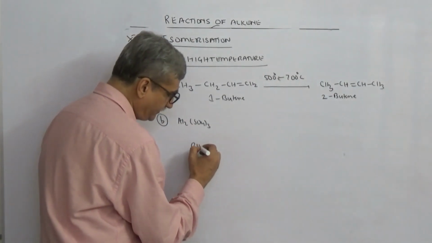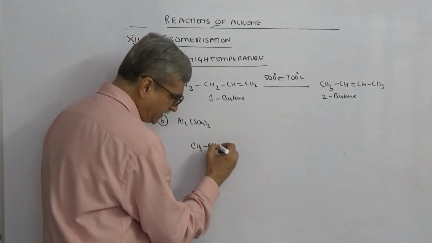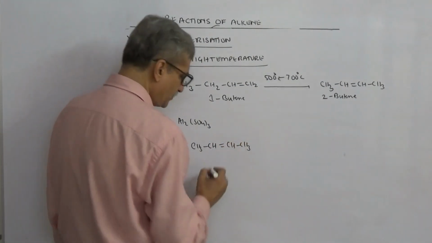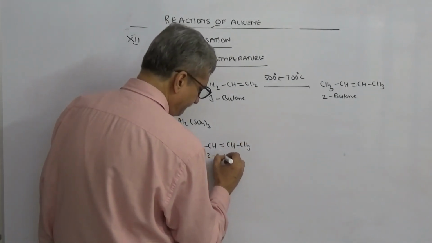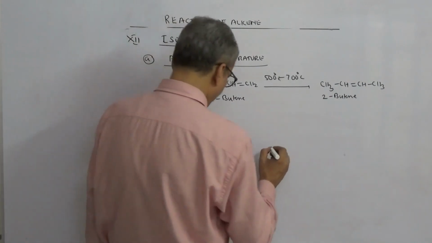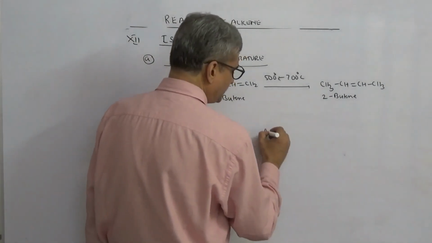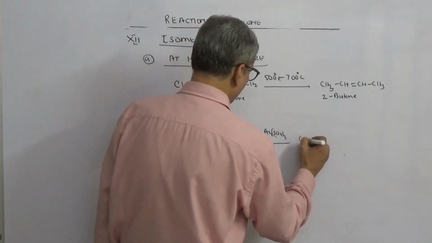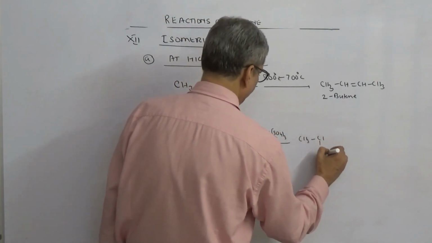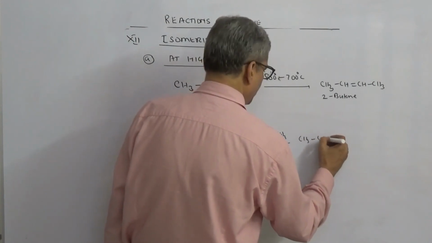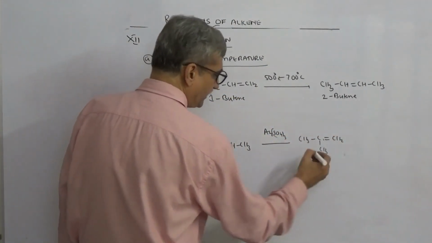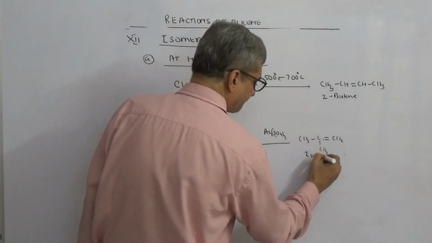So suppose I have CH3CH=CHCH3, which is 2-butene. In the presence of aluminium sulfate, Al2(SO4)3, you will get (CH3)2C=CH2. So 2-butene will become isobutylene.